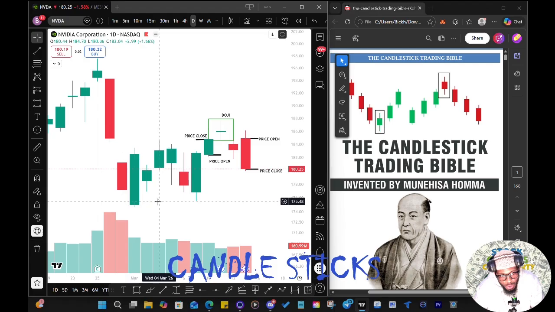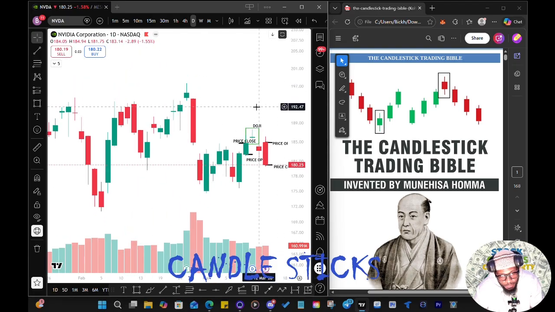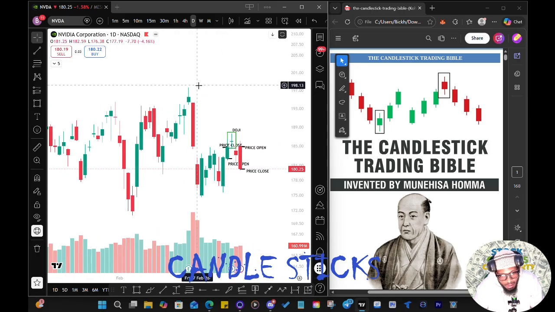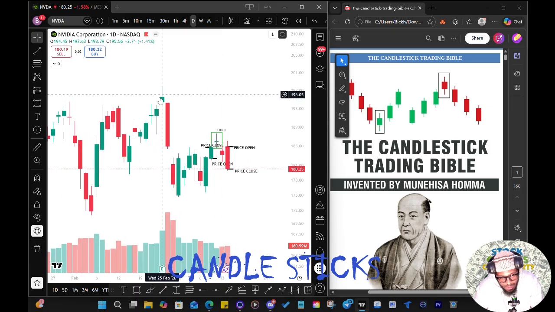Candles can also be your indications of prices not going higher. When you see a high wick, it tells you that sellers entered here on this candle, which is Wednesday, and pushed it down. It pushed it down all the way to 193 from 197, but buyers bought it back up to close at 195.